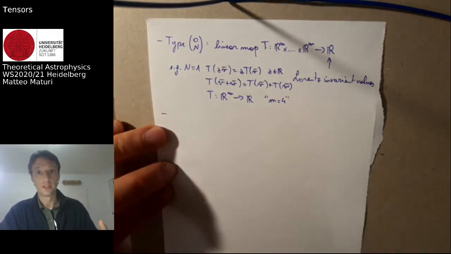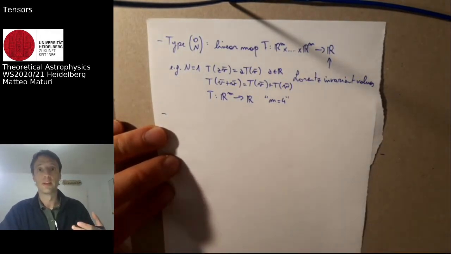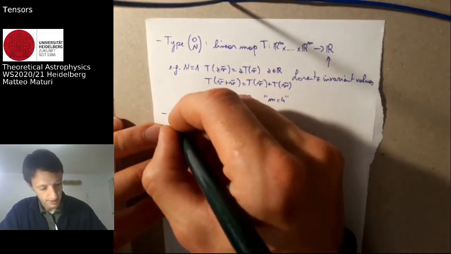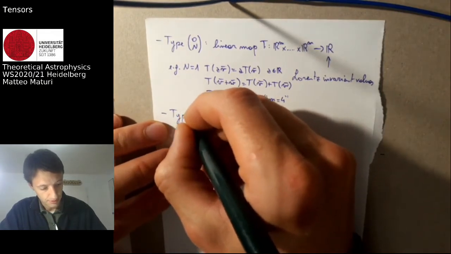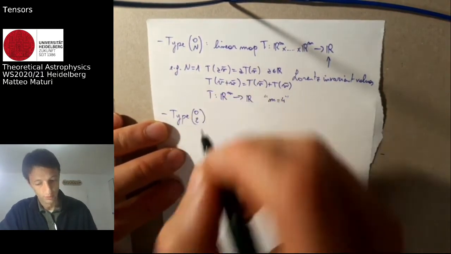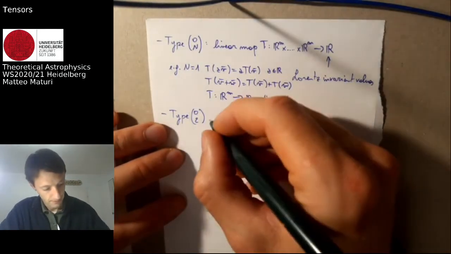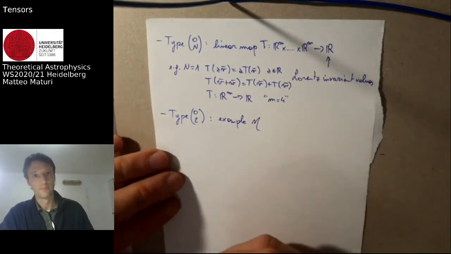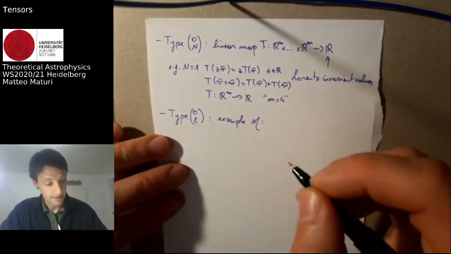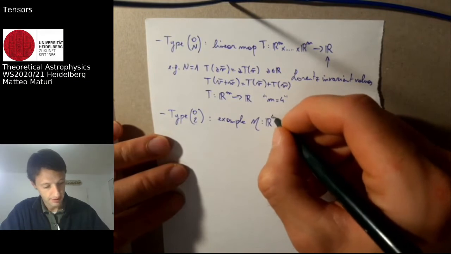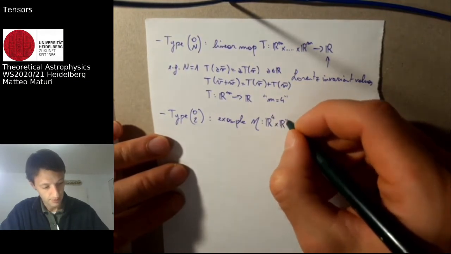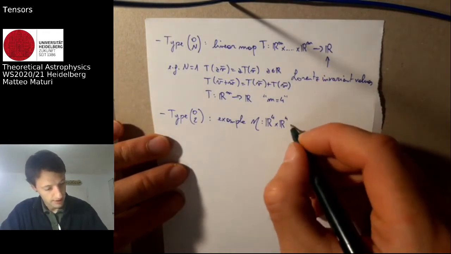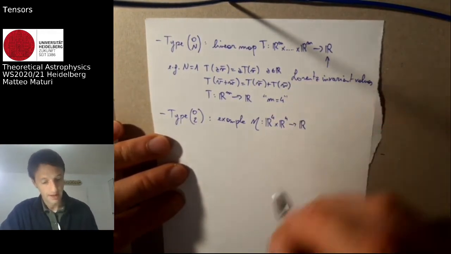Since I mentioned the metric, let's look at the metric tensor from a mathematical point of view. It's a tensor of type (0, 2). For example, the metric tensor is a bilinear mapping. We have already seen that it goes from R^4 times R^4, so it swallows two vectors and returns a real number.